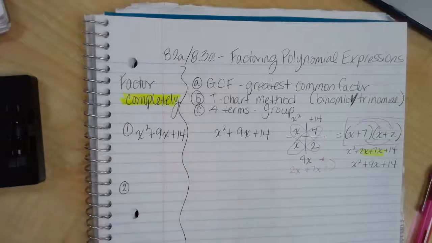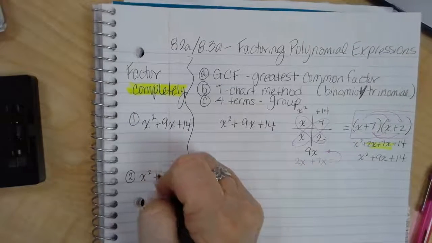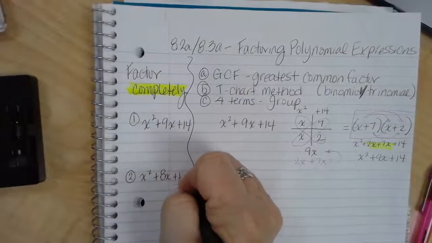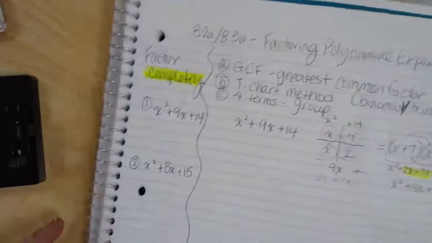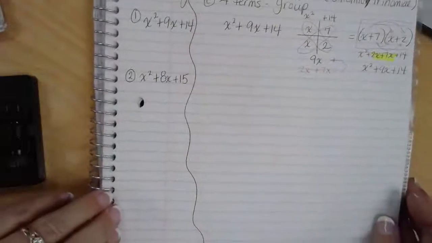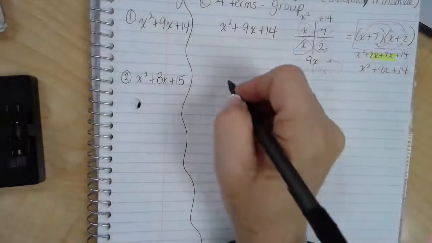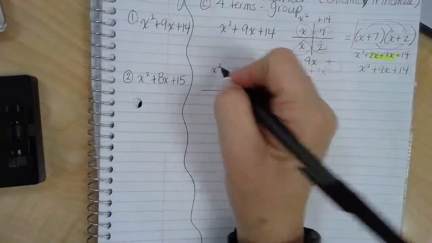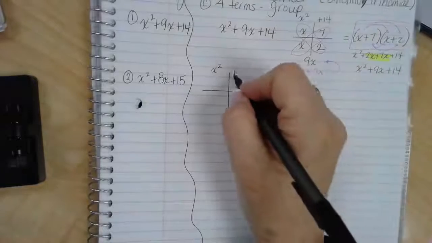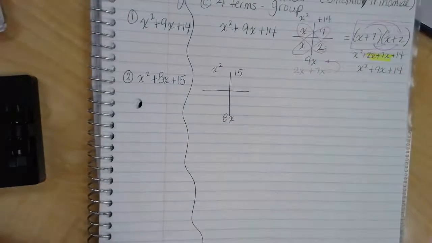So let's go to the next one. The next one is x squared plus 8x plus 15. For this one right here, I'm just going to start right in with my T. Up here is my x squared. Here is my 15. Here's my 8x.